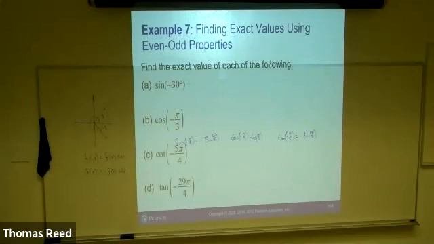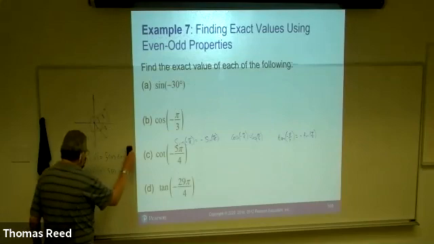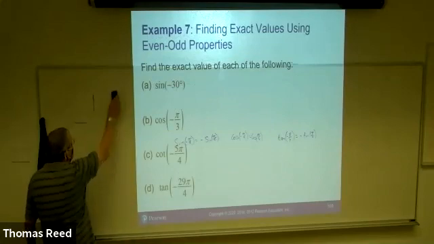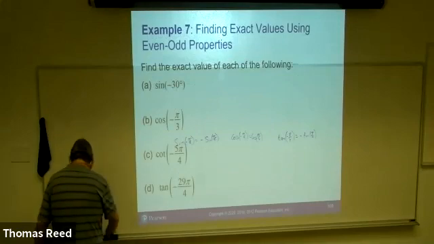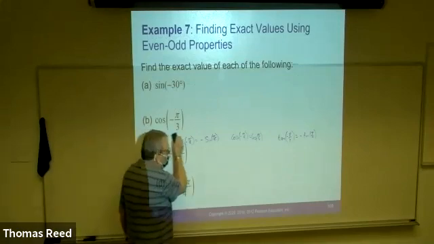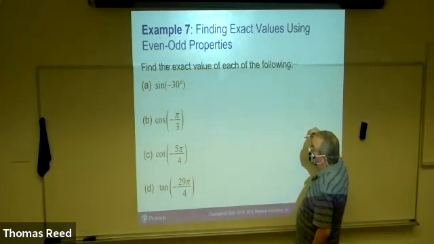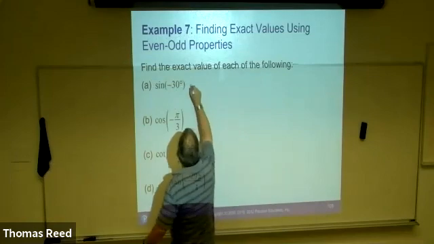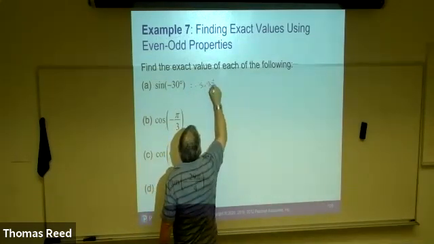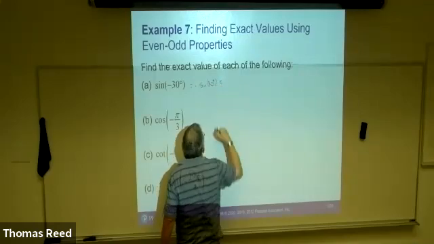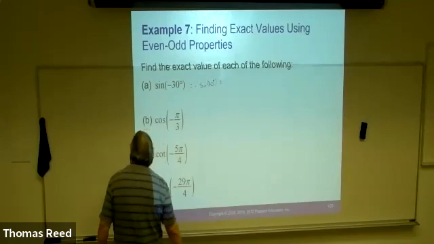All right. Negative 30 degrees, which will be the negative of the sine of 30 degrees. So what's the sine of 30 degrees? Okay.